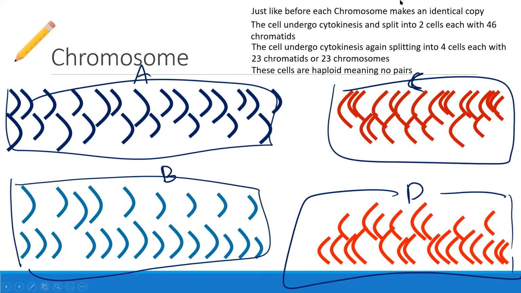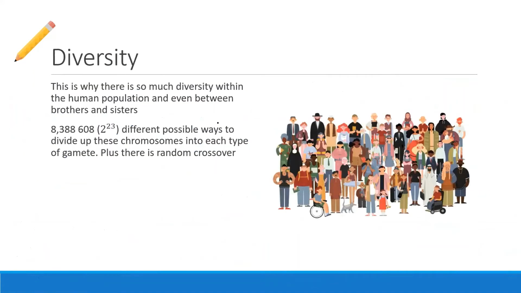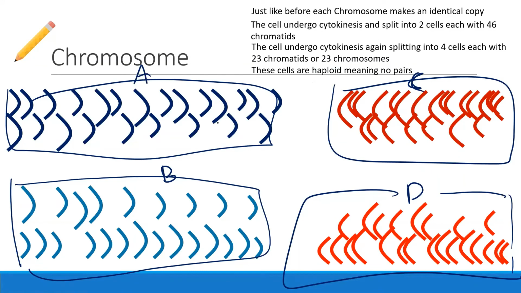What's interesting in this one is, if this had 46 at the start, then this has got 23 and this has got 23, because half of 46 is 23. This has got 23. And this has got 23.